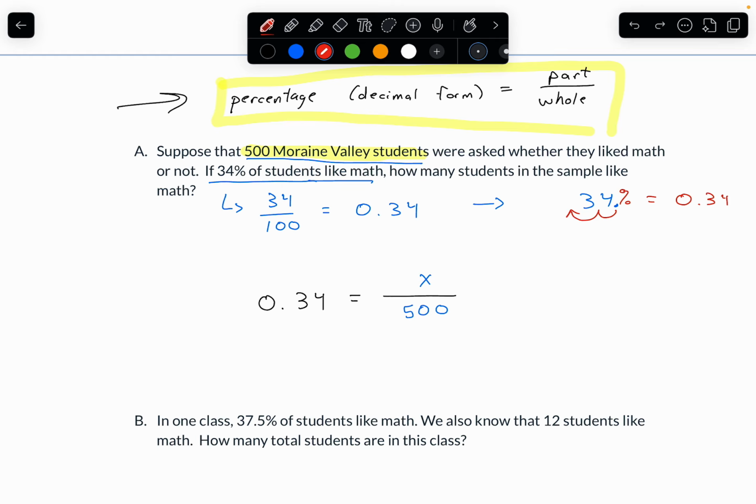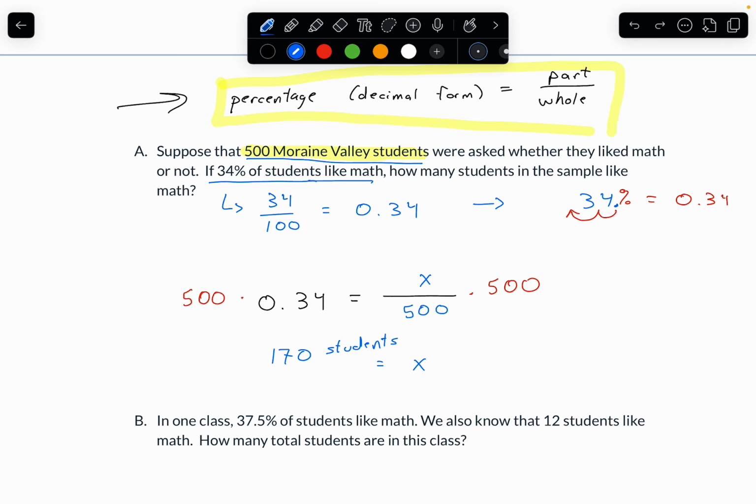And in this case, we just have this small, tiny equation that we can solve by multiplying both sides by 500. So if I multiply both sides by 500, I end up with X is equal to 500 times 0.34, or X is equal to 170 students. Now, as you get more and more comfortable with your percentage work, you may not need this formula that we have up here.